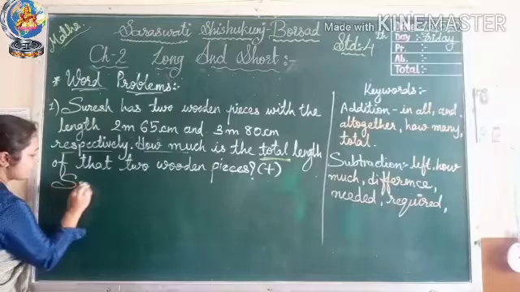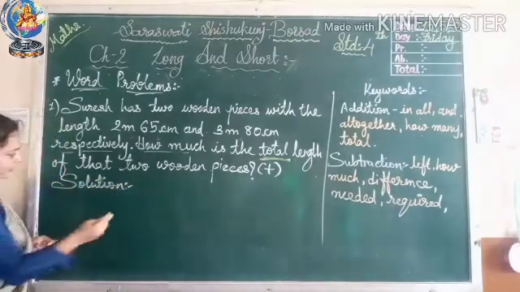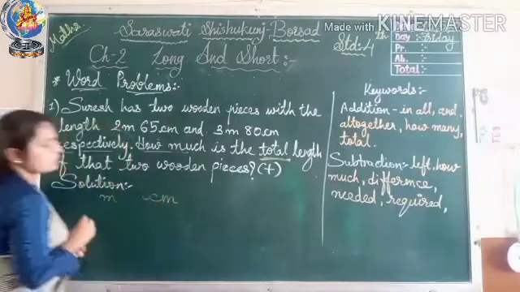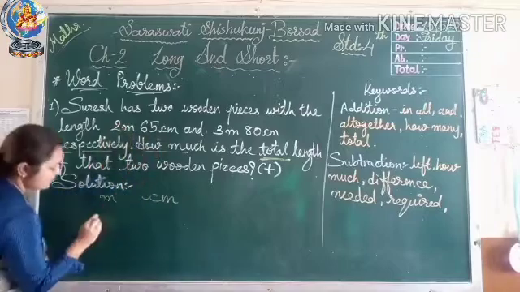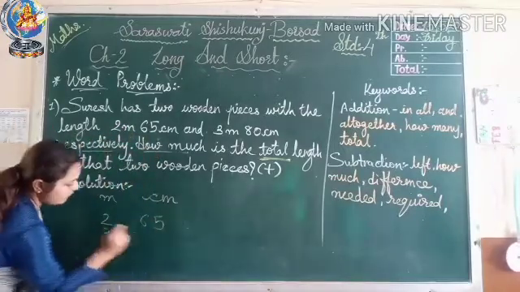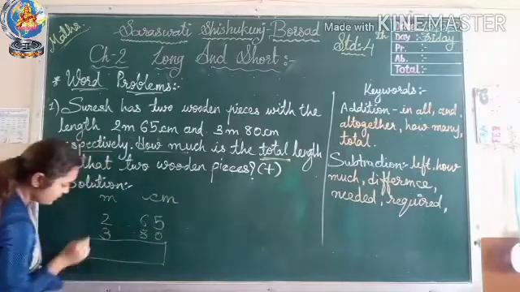Let's have the solution. First of all, let's write meter, centimeter. 2 meter 65 centimeter and 3 meter 80 centimeter. The sign we keep here is plus.